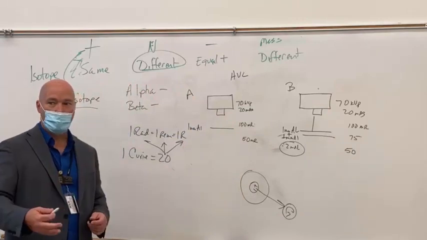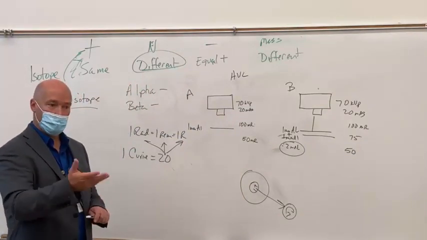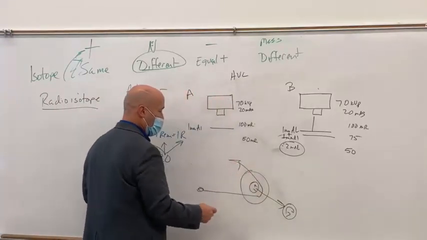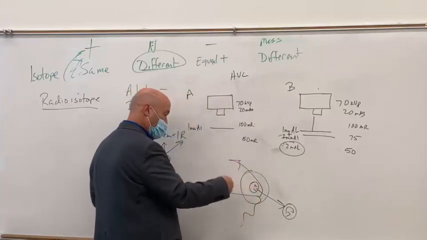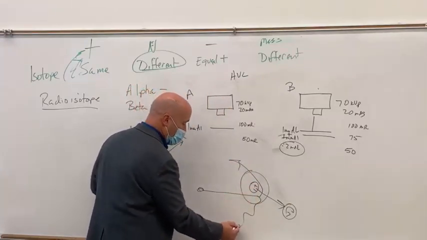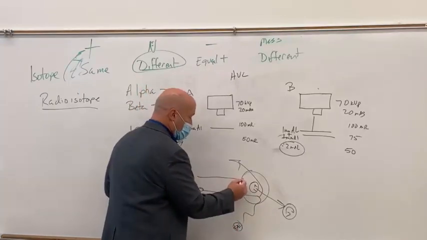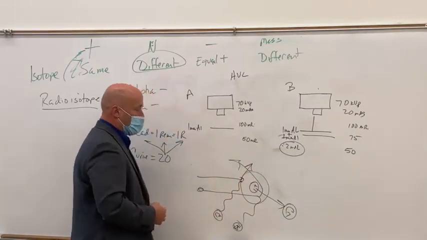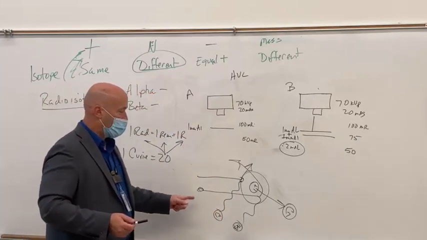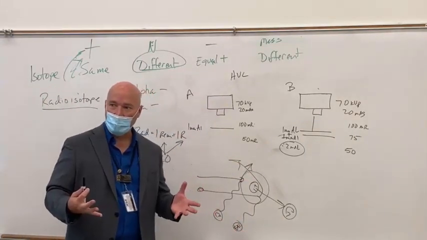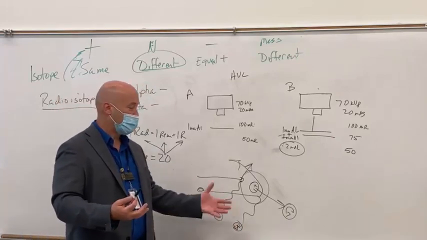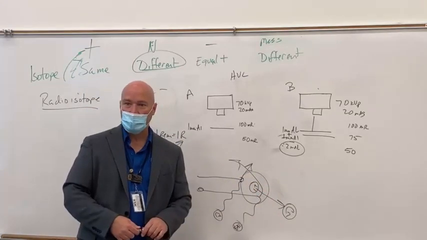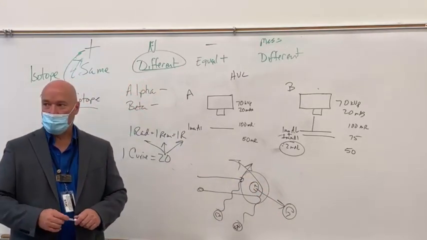As opposed to X-rays, where do we create X-rays? Electrons. We send electrons through the electron cloud, and we either create X-rays because the electron slows down, and that is a Brems X-ray, or it knocks out an orbital electron, creating an ion, and then we get a characteristic X-ray. So all of the X-ray creation occurs outside of the nucleus in the electron cloud, regardless of whether or not it actually hits an electron. As opposed to a gamma ray, which comes out of the nucleus of the atom. That's the only thing that really differentiates the two.